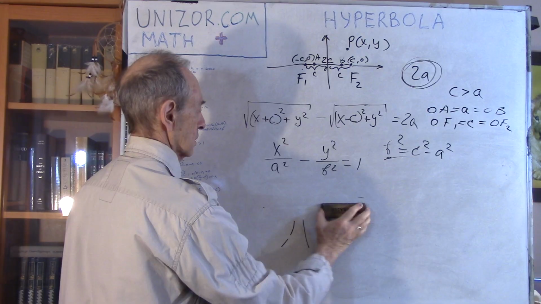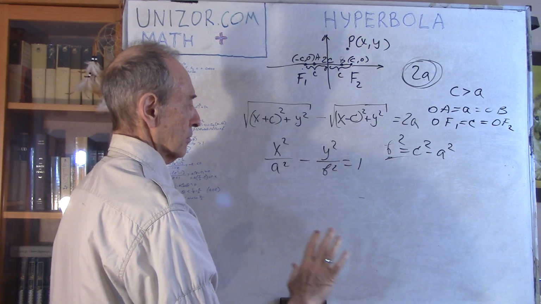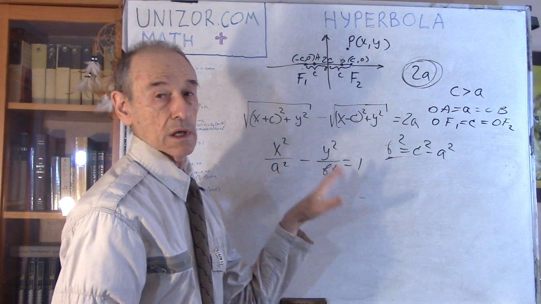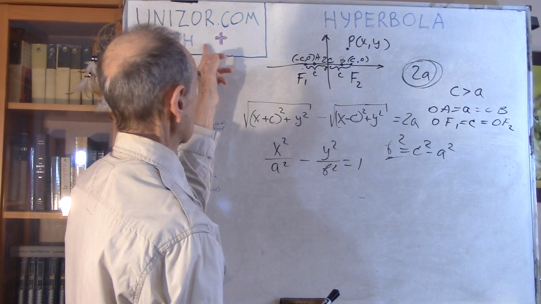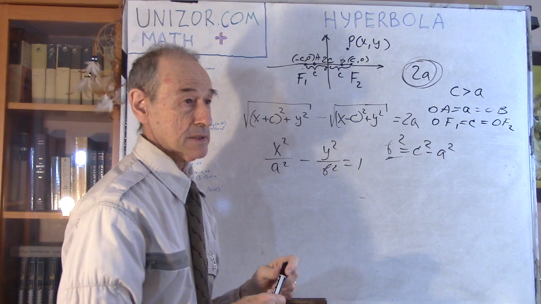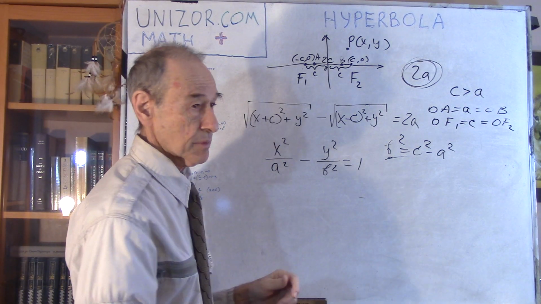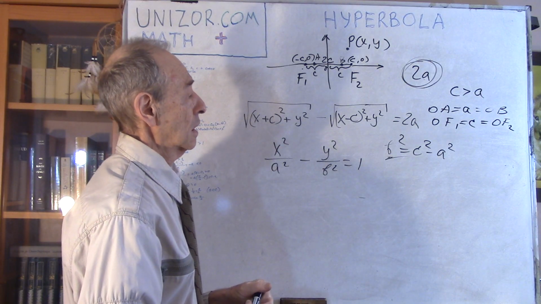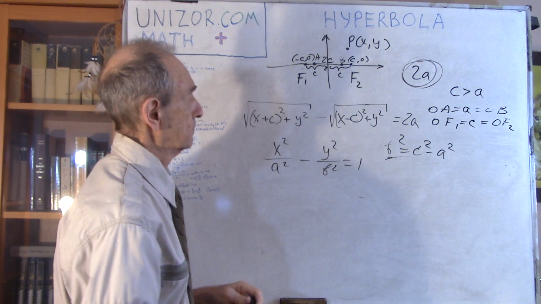Okay, so I'm completely skipping all these calculations on the board because I put everything in writing onto Unizor.com. Again, you go to the course called Math Plus for all. You choose geometry as a major subject of this course, and you choose hyperbola on the next menu level.